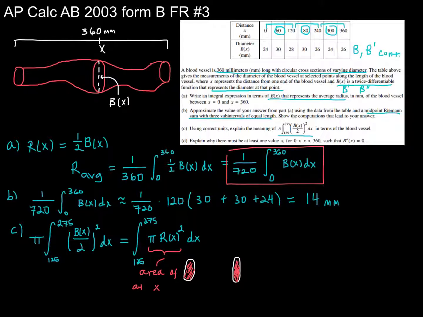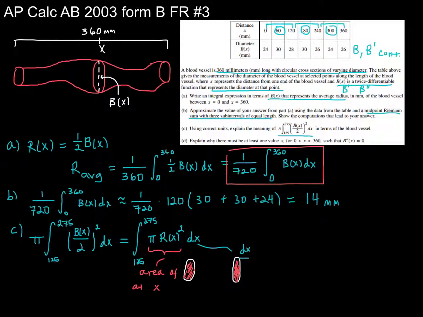Now, dx can be represented with this very small width here, and I'm going to draw it a little bigger than it might actually look, right, so that we can visualize it. Okay, that's dx. And so what that's doing is multiplying this area along this width. So there's going to be all these paper-thin areas of pi r of x squared along this width.